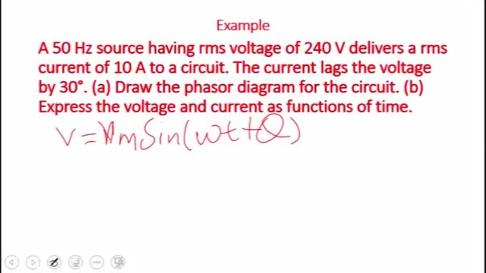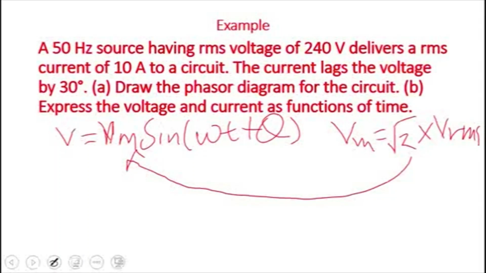In this question, we've been given the RMS value of the voltage, so we know that Vm is root 2 times the RMS. So root 2 times 240 is just 240 root 2, and that comes in here.